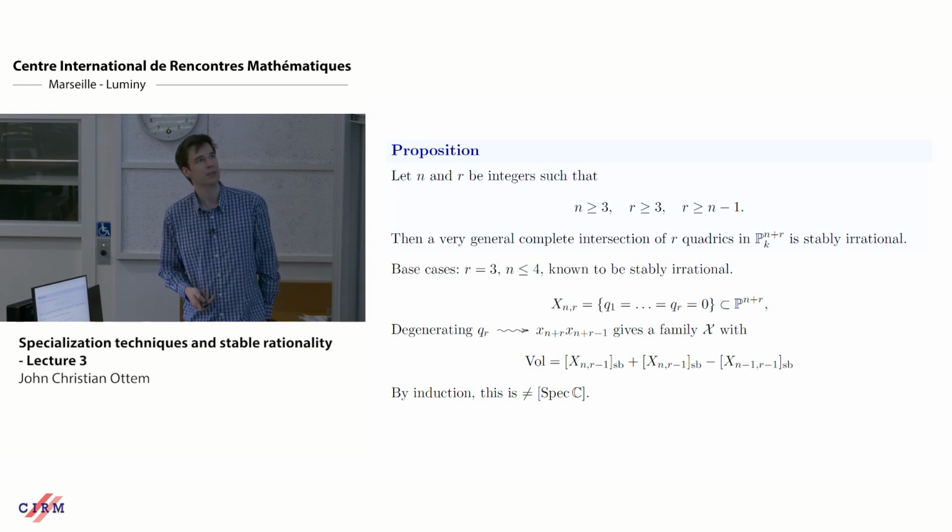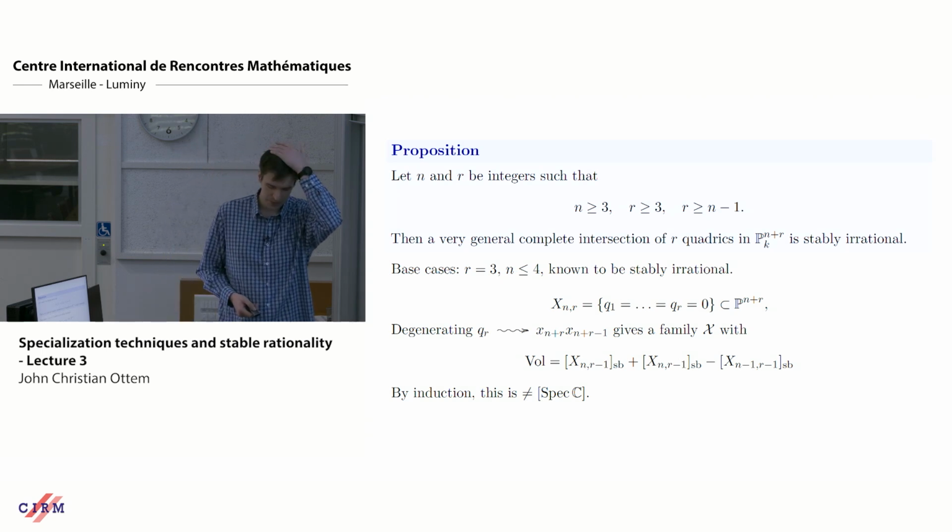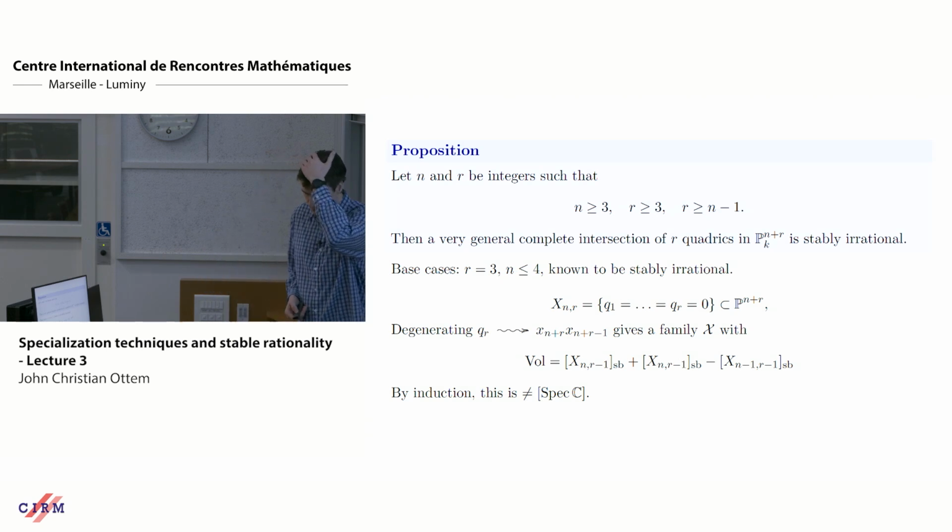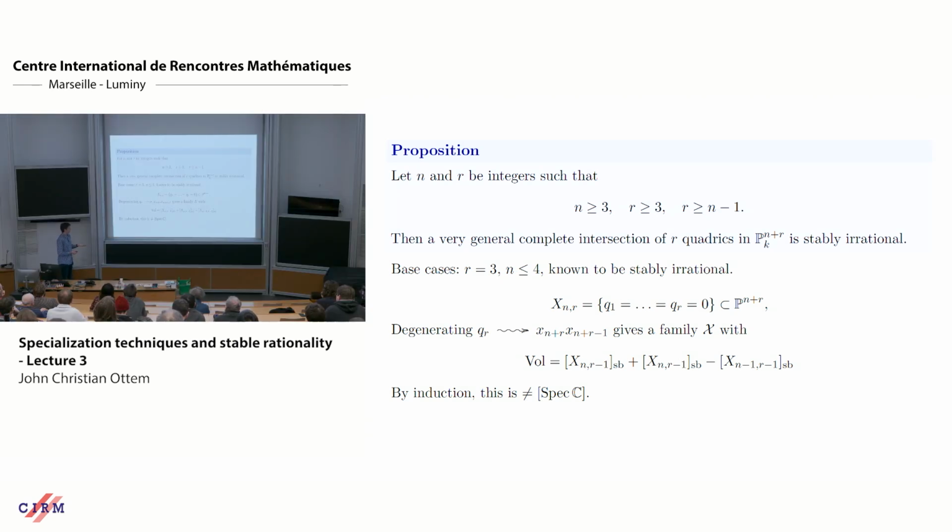So I do still quite like it. Anyway, the point of these examples is that you do get some new results, but it really requires very stupid degenerations, like taking a quadric and breaking it up into two linear pieces. That's the least sophisticated thing that you can do.